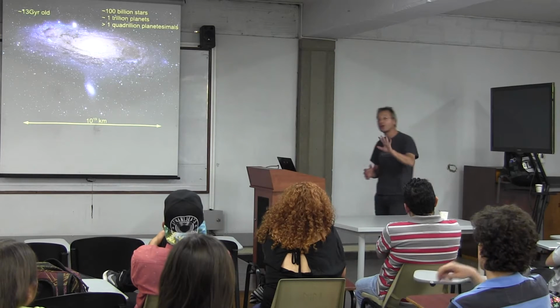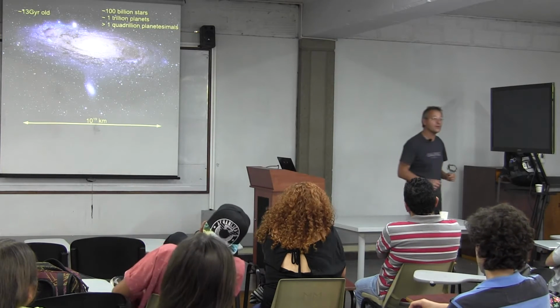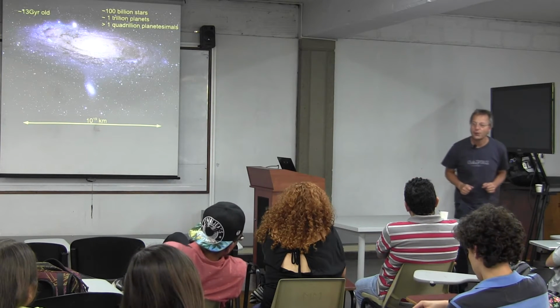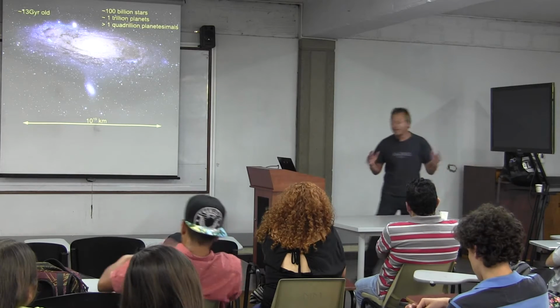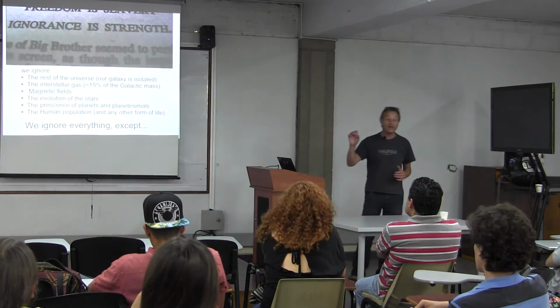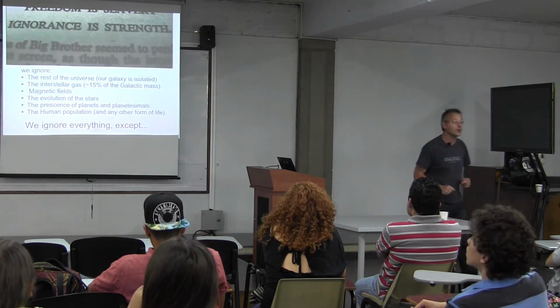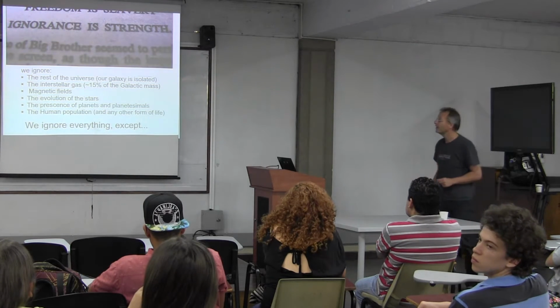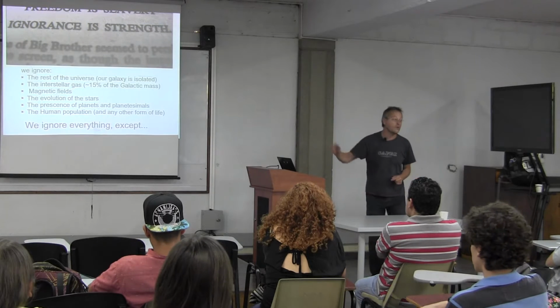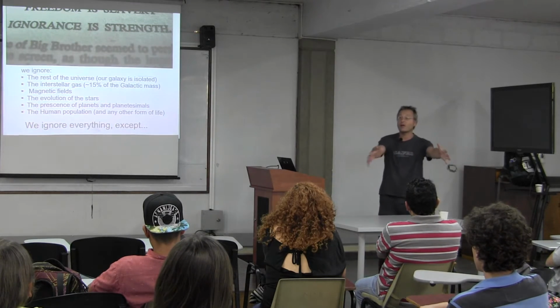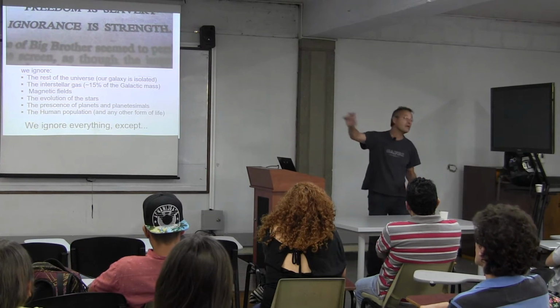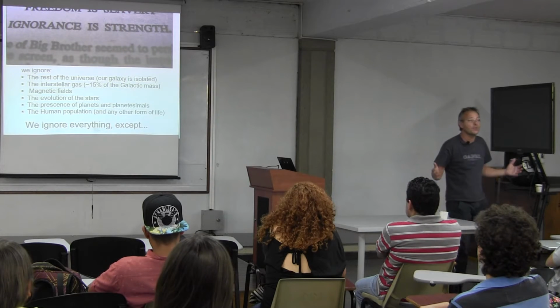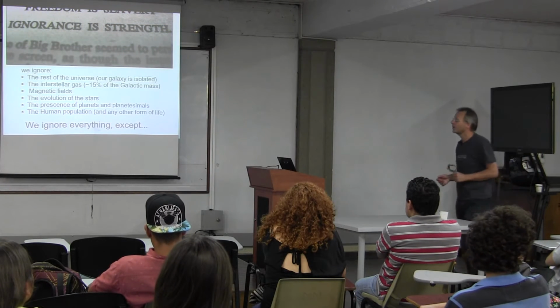So the strength of being a computer scientist, and the problem of any observer, is that we can ignore everything else. And ignorance is the most important thing in computational astrophysics. You have to ignore as much as you can. So you ignore the rest of the universe. The galaxy is just the galaxy. I don't care about anything else. I ignore the interstellar gas. It's only 15% of the mass. Who cares about this 15%?